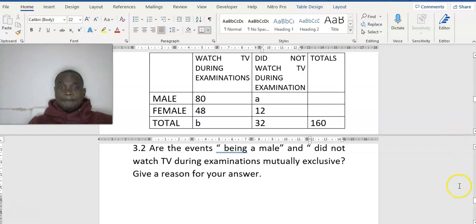So here, what we are going to do, they said, are the events being male? Where is male? The whole of that. And did not watch TV during examination mutually exclusive. Did not watch TV. So here we are talking about A. If A is 0, you say it's mutually exclusive, but A is not 0.